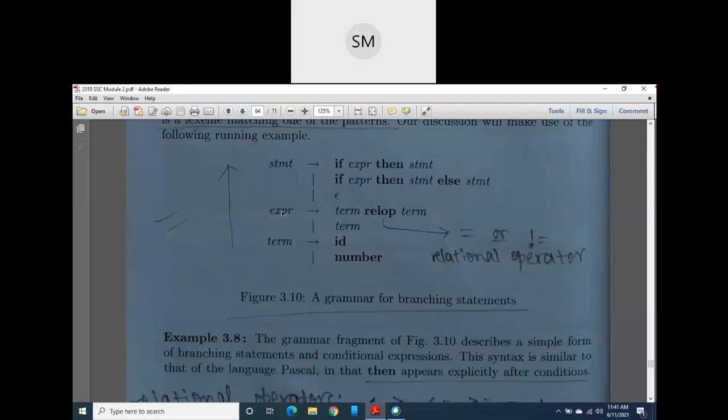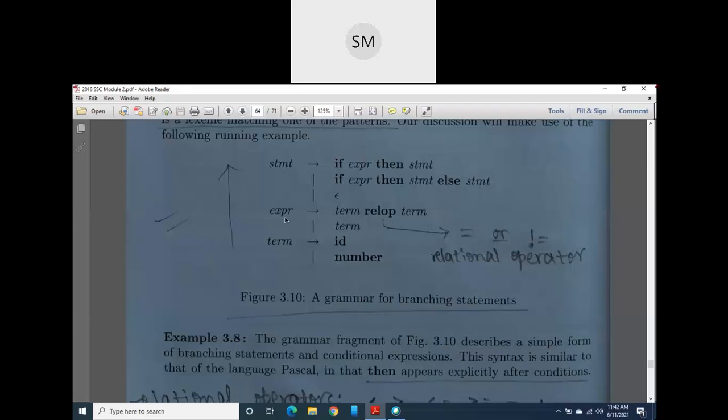And the same expression may be like this also: only a single term can also be called an expression. For example, a plus b is one arithmetic expression. If you write only a, that will also be called an expression. If you write only b, that also is an expression. Here, instead of arithmetic operators, I am taking relational operators, for example a is less than b.